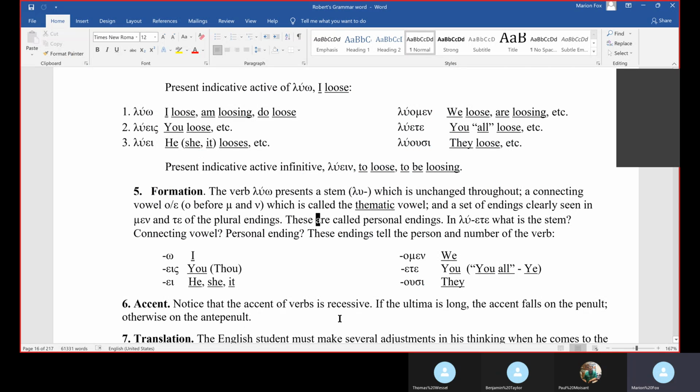All right, let's go back and look at the endings of the present tense verbs. This is the present tense, and the present tense in Greek indicates action going on at the present time if it's the indicative mood. But most of the stress is in the kind of action.